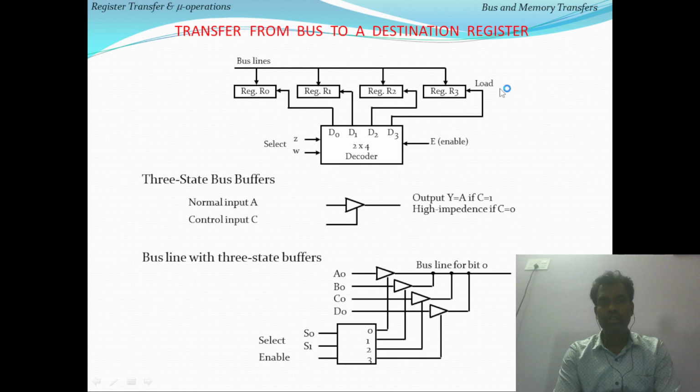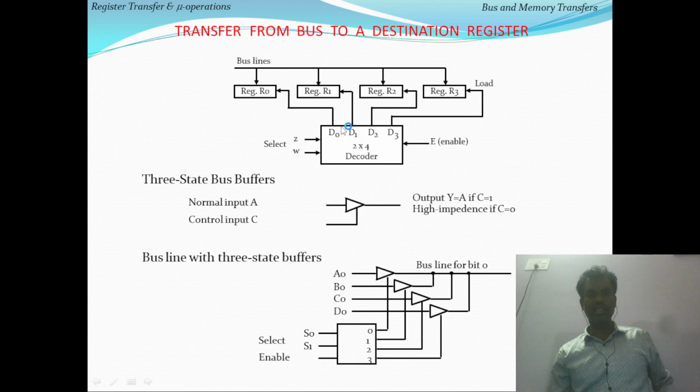Now, these control signals are connected to some tri-state buffers. The registers are not directly connected to the bus; they are connected through a tri-state buffer. If the select line or decoder output is 0, then this buffer will not be enabled, so that bit will not be transferred to the output.